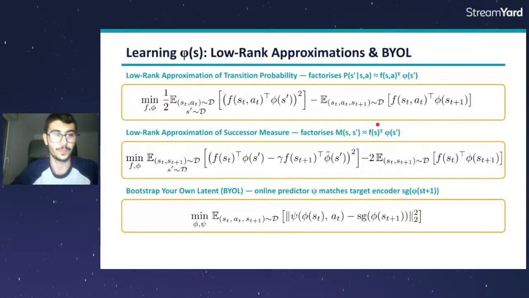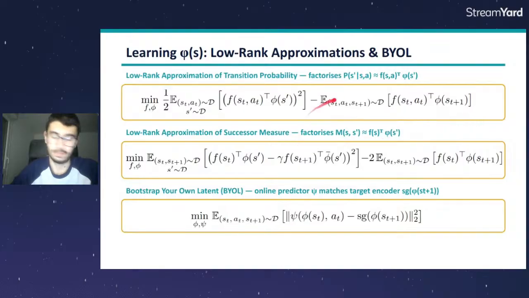A step further, we can have the lower rank approximation of successor measures themselves. So we suppose that the successor measure matrix can be decomposed into two matrices, the F matrix and the phi matrix. What's different here is that in the lower rank approximation of transition probability, we do some sort of Monte Carlo approximation, whereas here we use some TD optimization, some temporal difference.